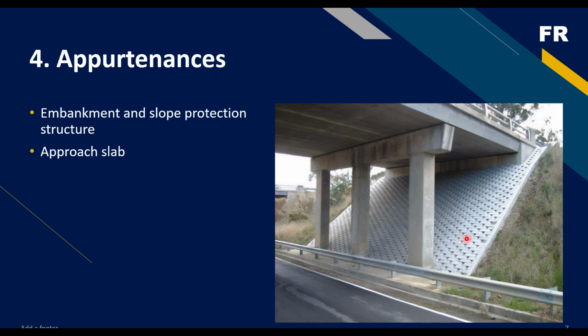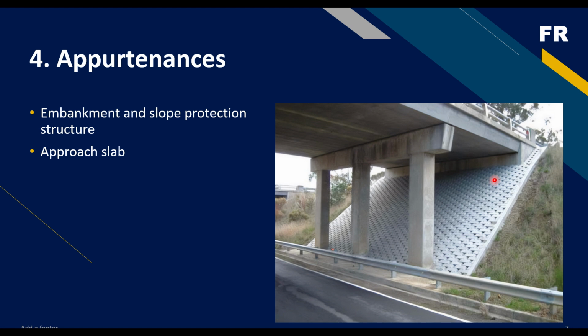You can see this structure here beside the piers. This slanted member is a slope protection to prevent the soil from failing in this region. These are some of the parts of a bridge.